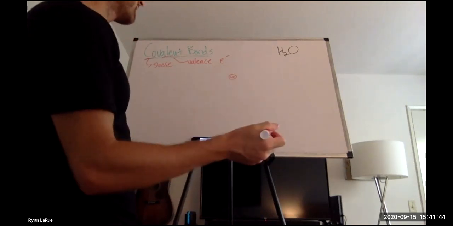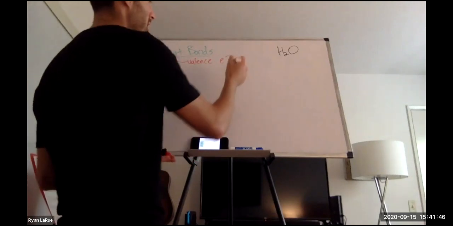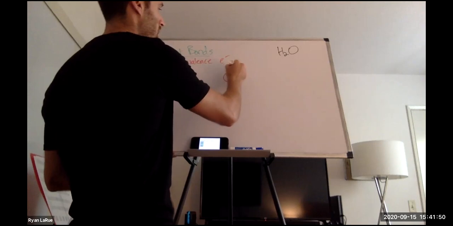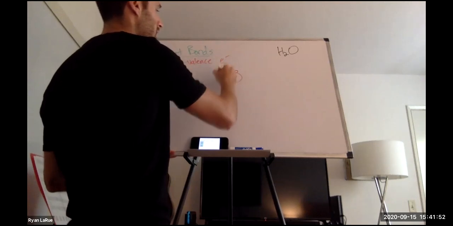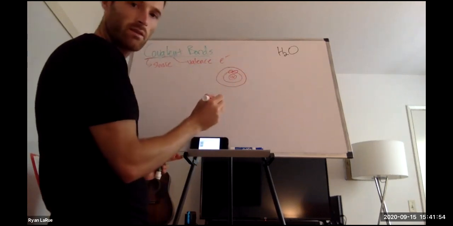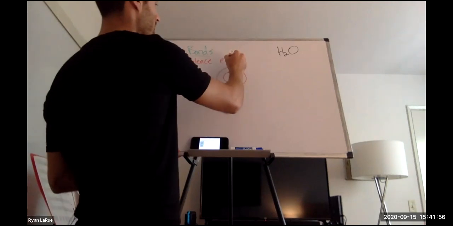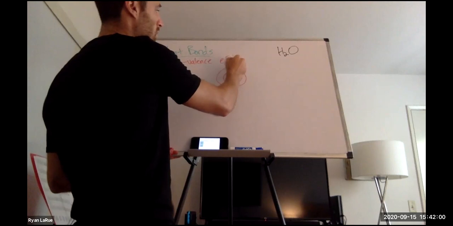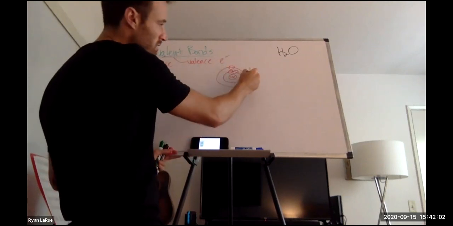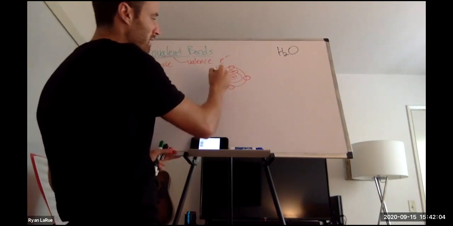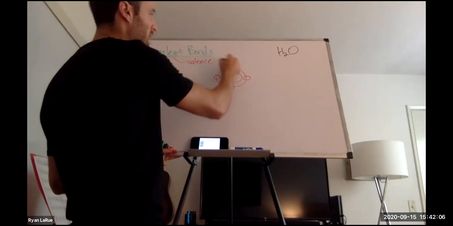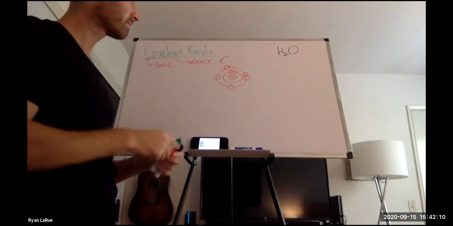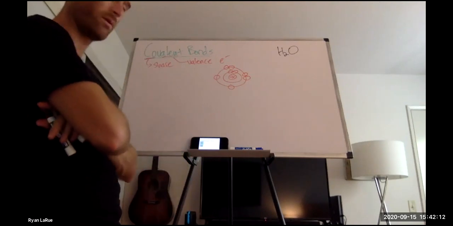So let's draw the Bohr model for oxygen with 8 electrons. 1, 2, 6 to go, right? Because there's 8 total, we've used 2. 1, 2, 3, 4, 5, and 6. And we ran out.